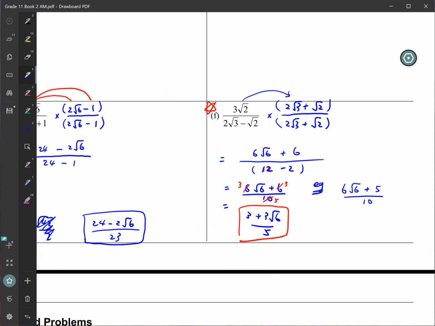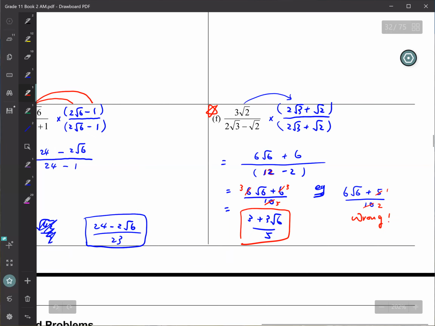Then you cannot say, okay, 5 and 10, let's reduce them by 5, and then the 6 and 6 cannot divide by 5, so we just leave it. This is wrong, okay? If you want to reduce, you have to be fair. Every single one has to divide by the same number, okay? So you cannot just divide part of it.